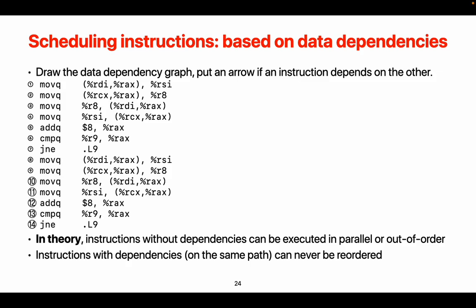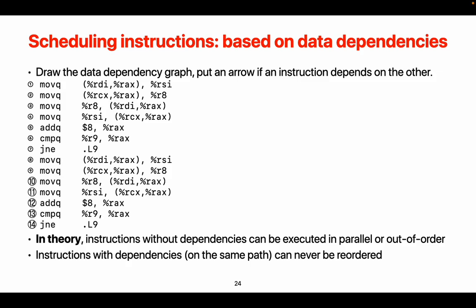So the very basic concept for finding the opportunity of dynamic instruction scheduling is to look into the data dependency. That's why at the beginning of this section we were talking about identifying data dependency.